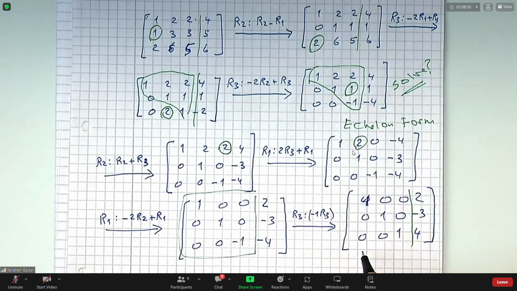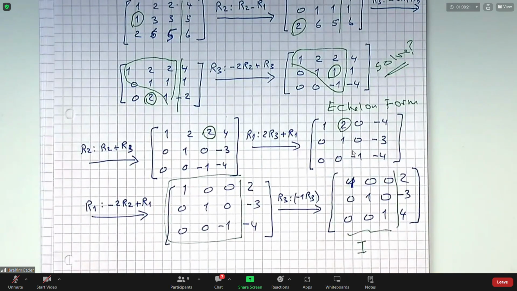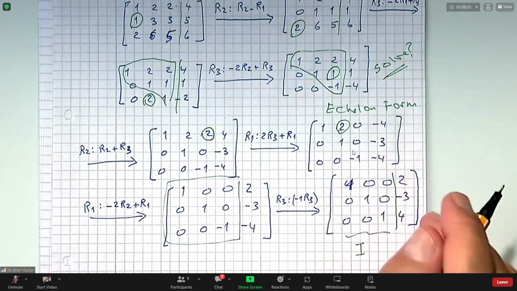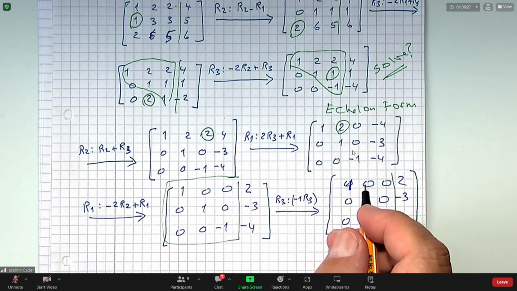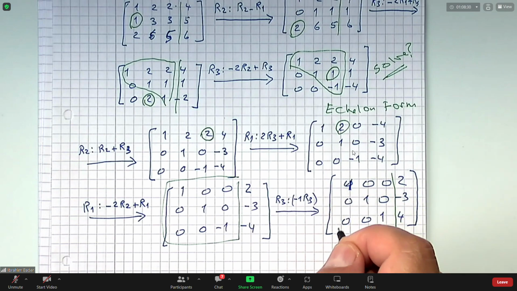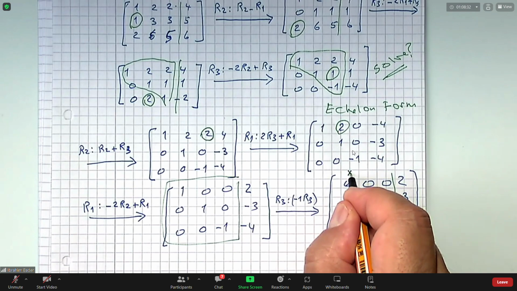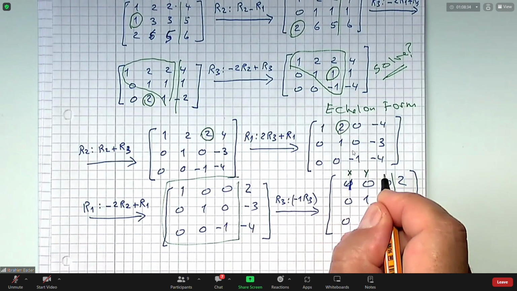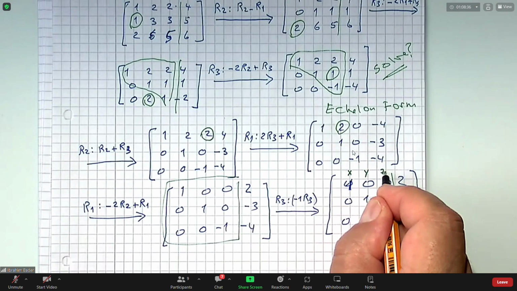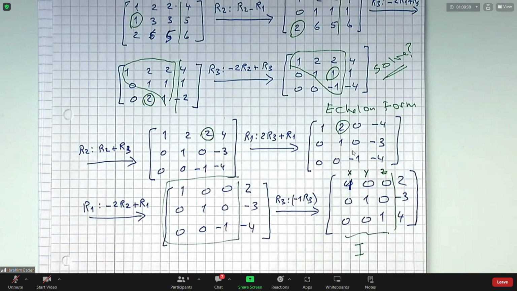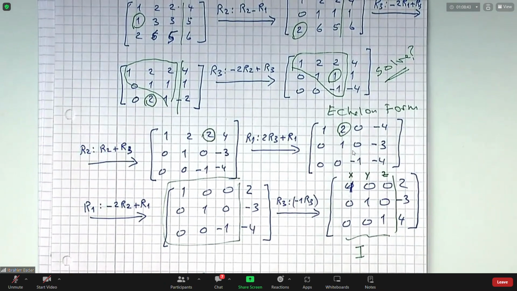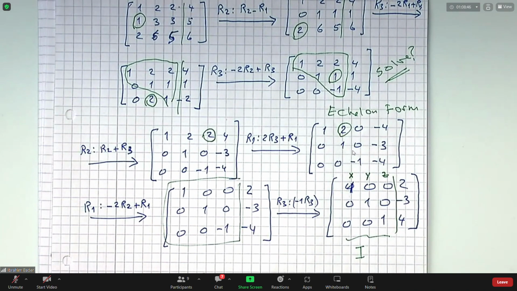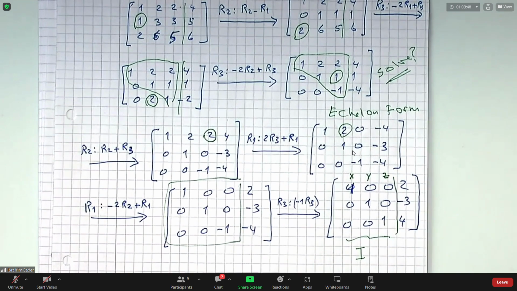This here is the identity, which we will refer to as I. Bear in mind that we started with the assumption that this column represents the X coefficients, this one represents the Y, and this one represents the Z coefficients. So straightforward, it follows that X equals 2, Y equals -3, and Z equals 4 is the solution.